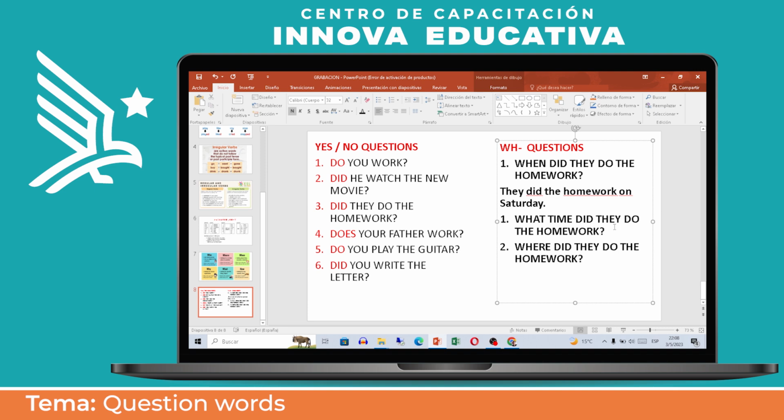On Saturday. Ellos hicieron el deber en el sábado. What time did they do the homework? They did the homework at 10 o'clock in the morning.